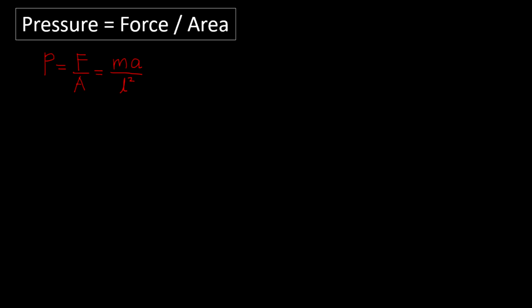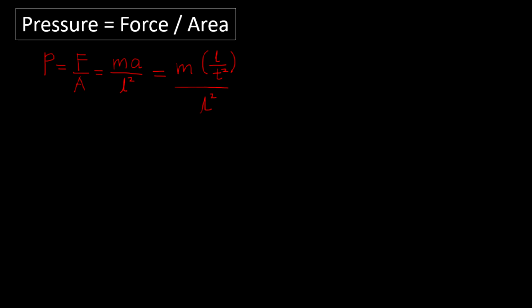Now, these are still not in base quantities, so we need to convert acceleration. So equals mass times acceleration. From the previous slide, we know that acceleration is L over t square. This is acceleration divided by L square.